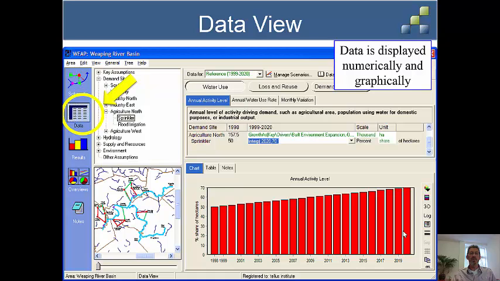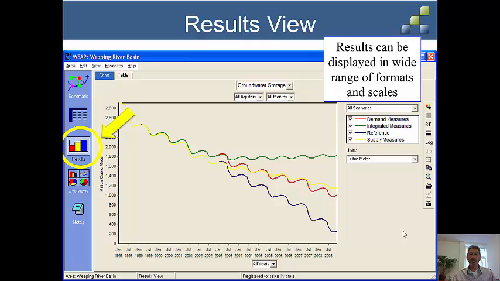Once you've put all this data into the model, you can press the next button, which is the result button. And here probably you remember this graph. This is just one of the results where you see the groundwater storage for a couple of interventions, a couple of measures, a couple of adaptation strategies.